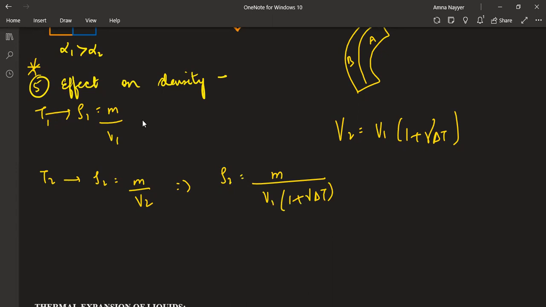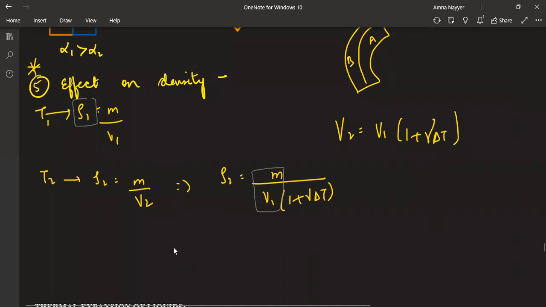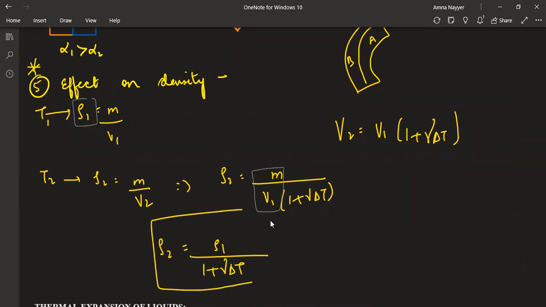So if you take up the ratio, M by V1 is what? Look here, this M by V1 is directly density 1. So what do you get? You get a final relation, that is rho 2 is equal to rho 1 (1 plus gamma delta T). This is the relation that is used.